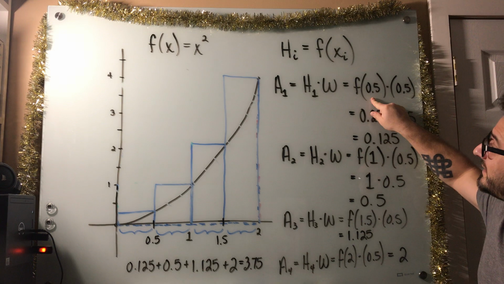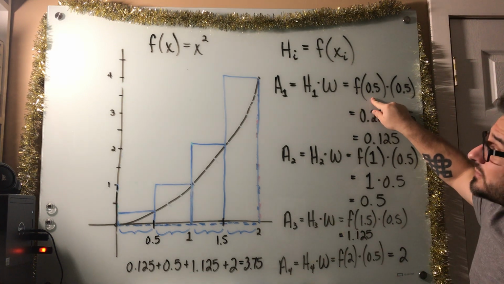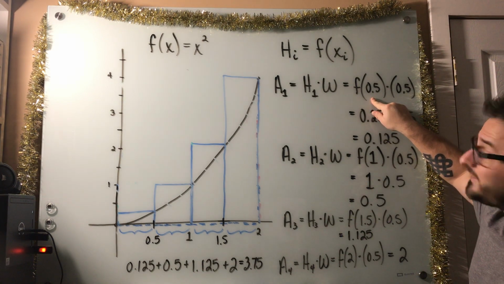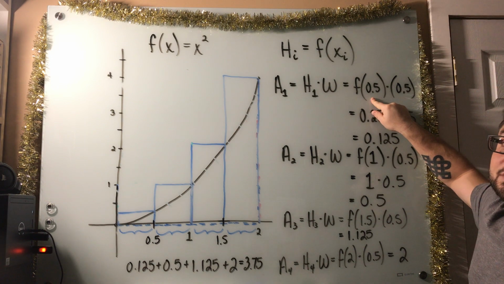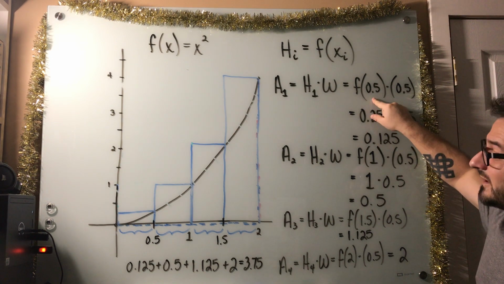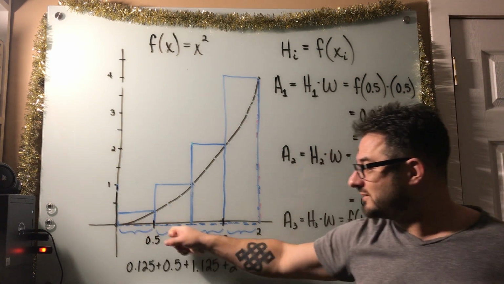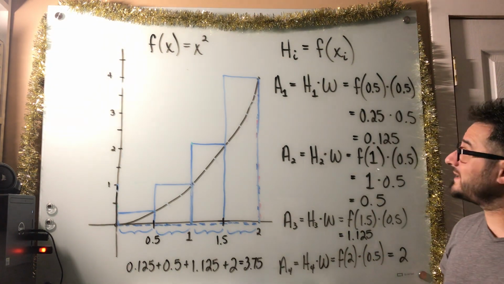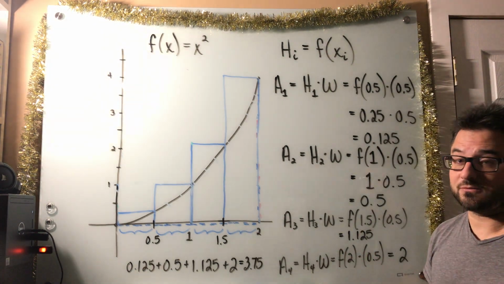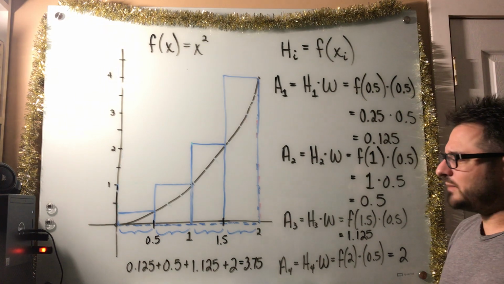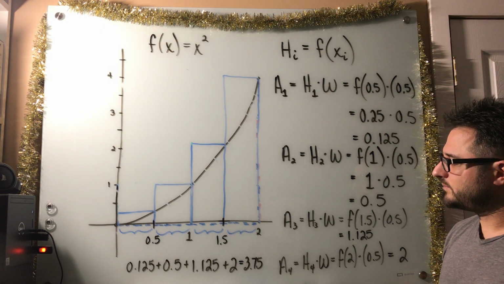We also now can no longer visually determine the height of each rectangle, we have to actually calculate those. And then, again, the numbers for the endpoints of our intervals are going to get considerably more ugly as we go along. So there's got to be a better way to do this.